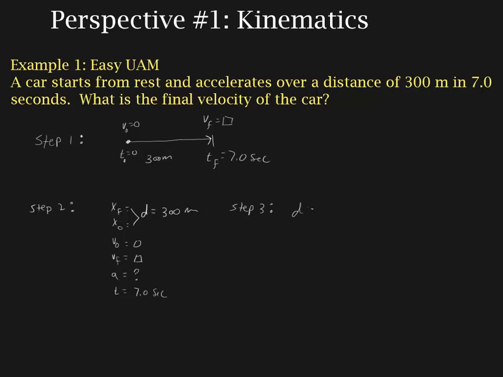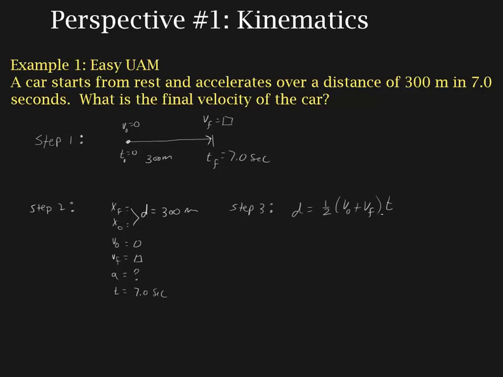We have d is equal to 1/2 times v initial plus v final times t. Now, in this step, we're going to solve this for what we want.